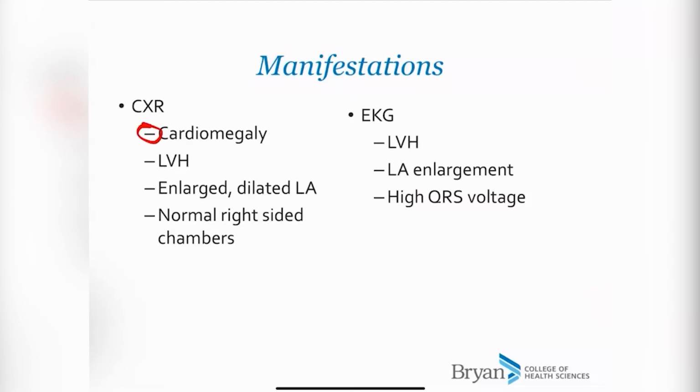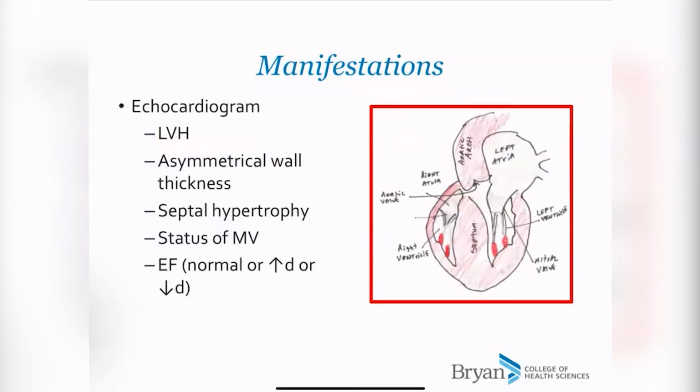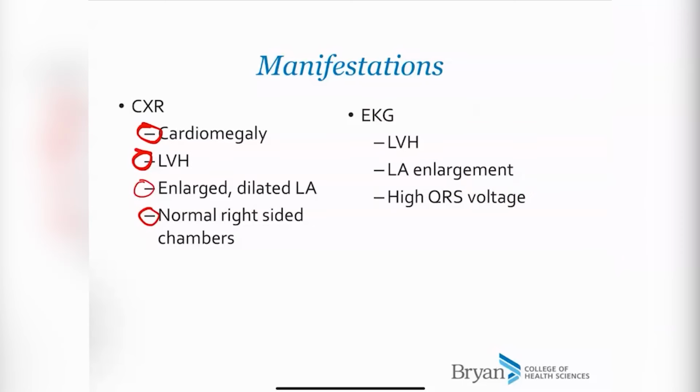So if we think about manifestations, they're very consistent with what we see in the pathophysiology. We see cardiomegaly because we see changes in that left ventricle. Those changes are all left-sided changes. Our right-sided structures are generally normal because it doesn't generally affect our right side. We will see left ventricular hypertrophy for all the reasons we talked about. And we will also see an enlarged, dilated left atria because as pressure in the left ventricle increases, that pressure is then transmitted to the left atria, causing dilation over time when that mitral valve is open at certain points of the cardiac cycle.